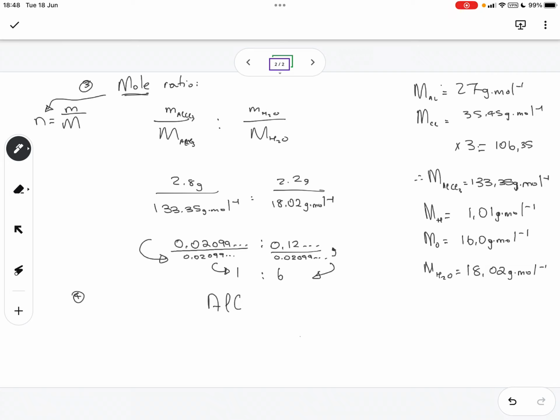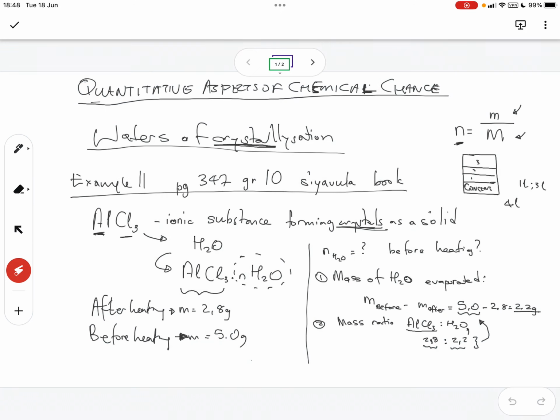So in our crystal, there are some water molecules that crystallize it. Right? For every one of these, we will have 6 of the water molecule. And that's what this calculation has done for us over the last two steps.